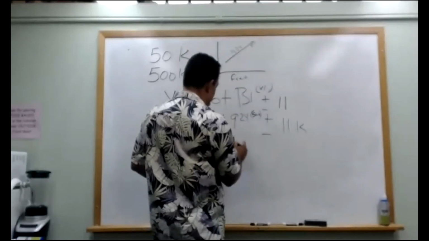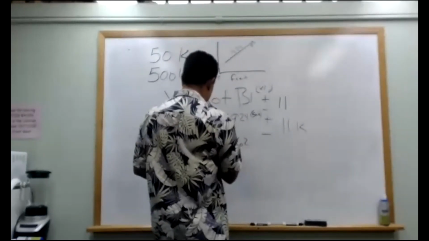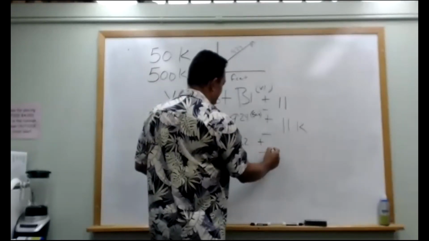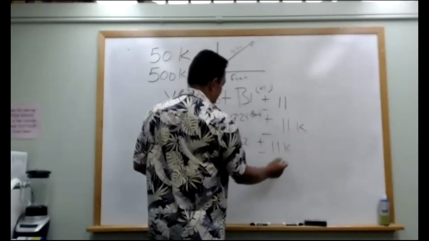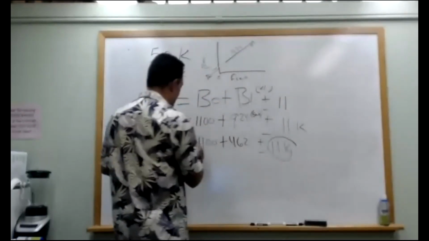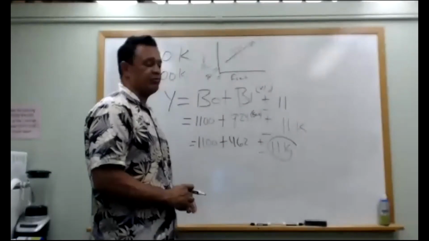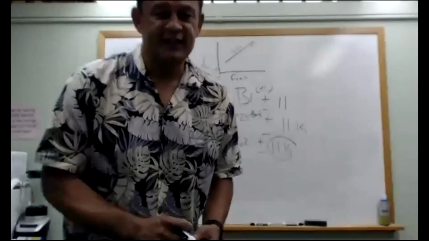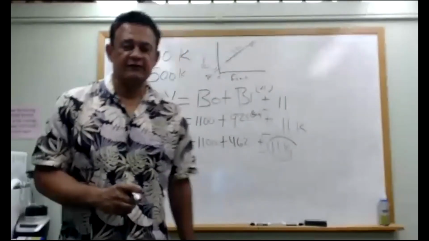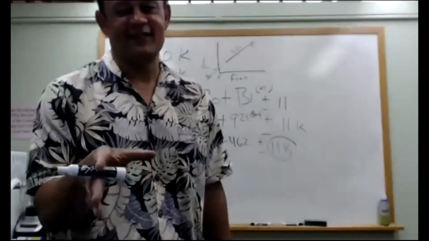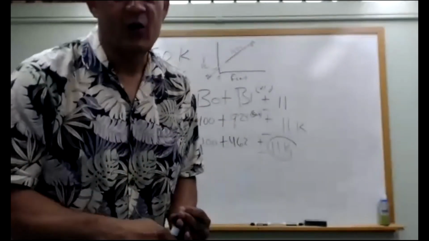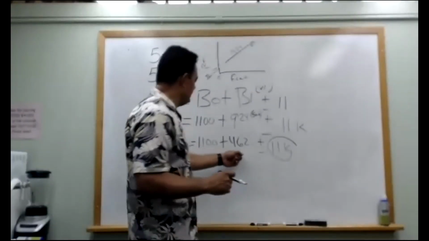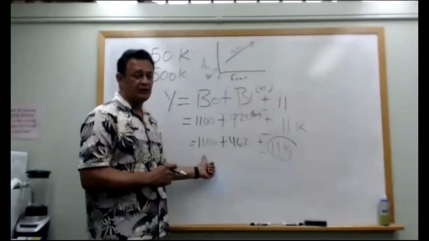So 462,000 plus $1,100 plus or minus $11,000. Can you do me a favor? Hannah Banana, what's 462,000 plus $1,100?